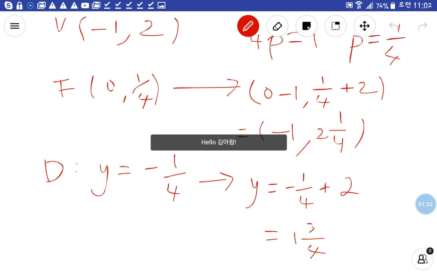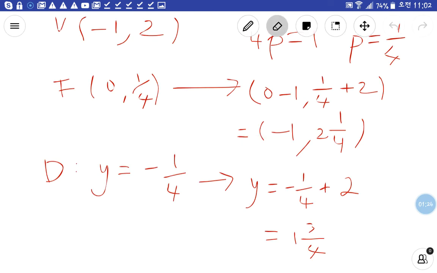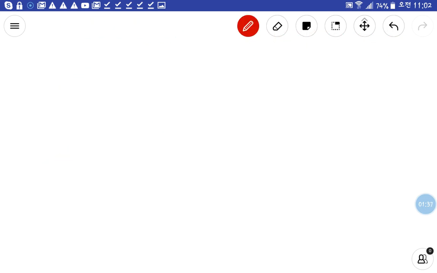Okay, so as you guys see, the ellipse is drawn by using the attached pins and the string. Actually, the definition of an ellipse is the set of all the points in a plane whose distances from two fixed points in the plane have a constant sum.